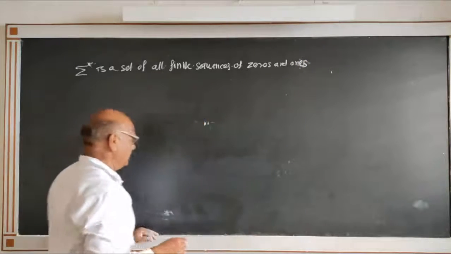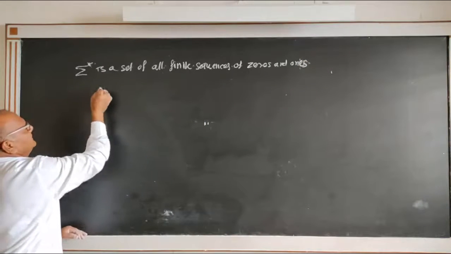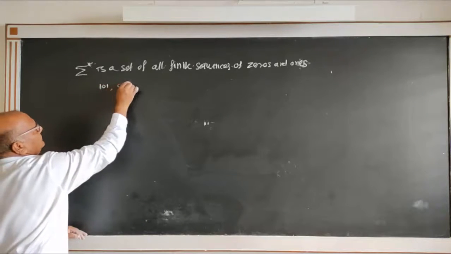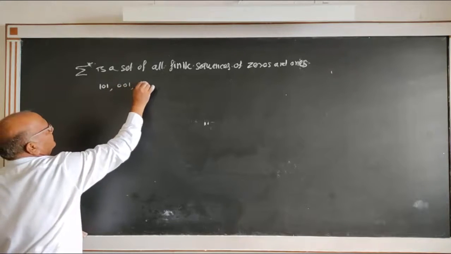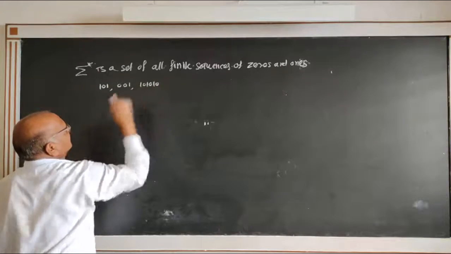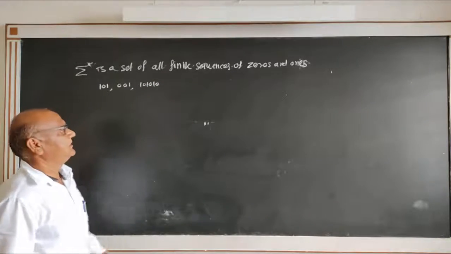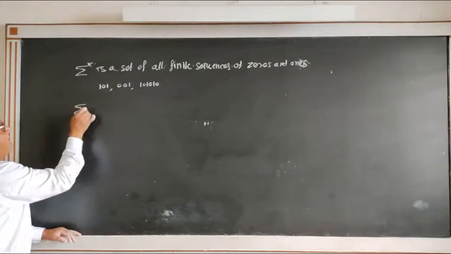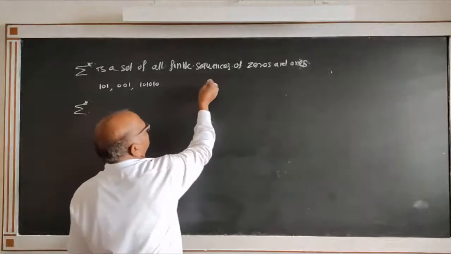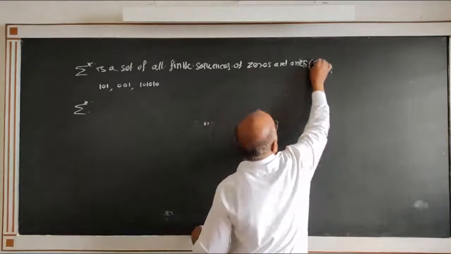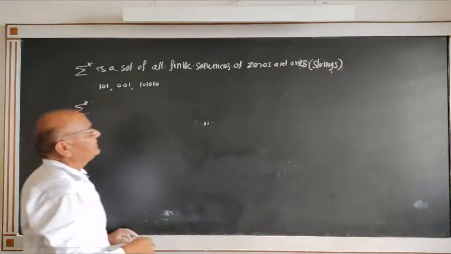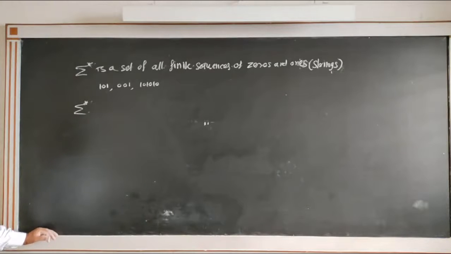That means this type of set: 1 0 1 0 0 1 1 0 1 0 1 0, like this. This set of finite sequences is called strings. Set of strings means finite sequences of zeros and ones.